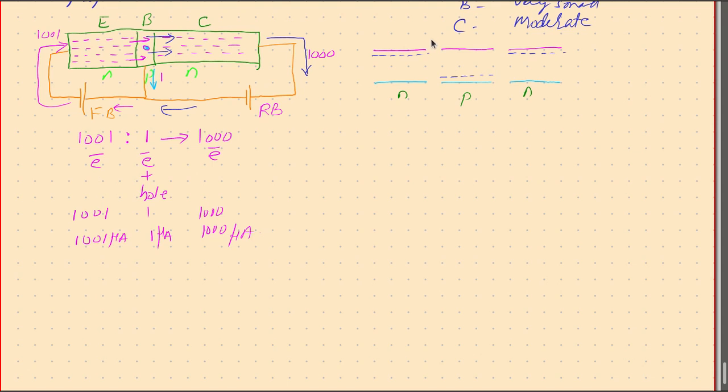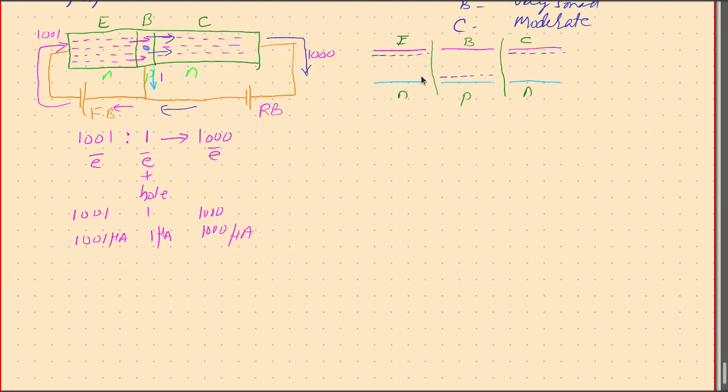A junction is formed here, a junction is formed here, and this junction is called the base emitter junction, and this junction is called the base collector junction. I'm sorry, this is emitter, this is base, and this is collector. Emitter is of moderate size, base is of very narrow size, collector is of large size.